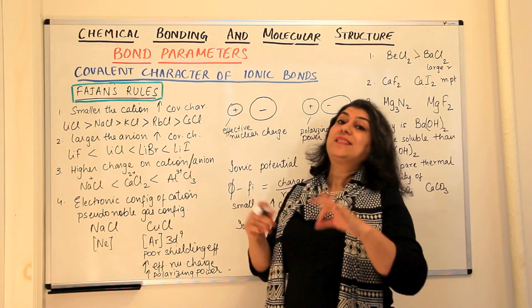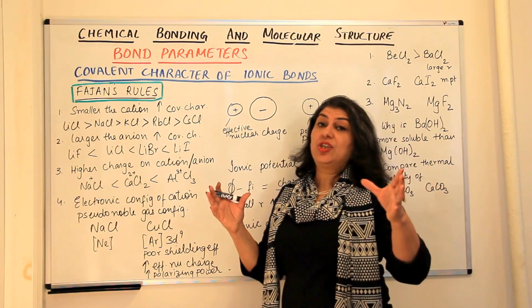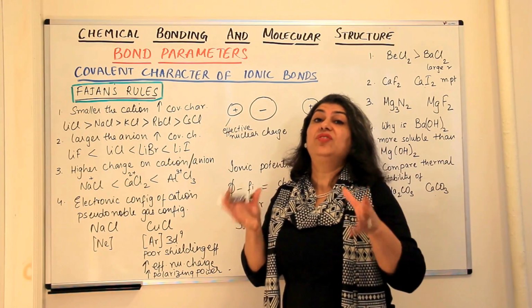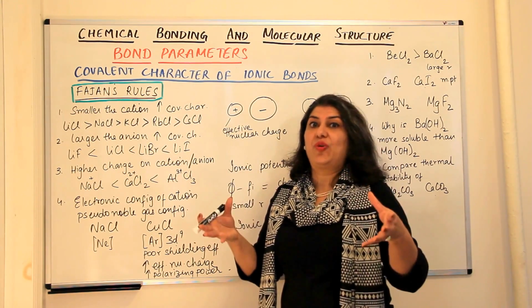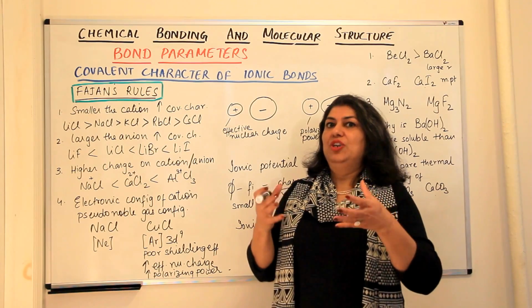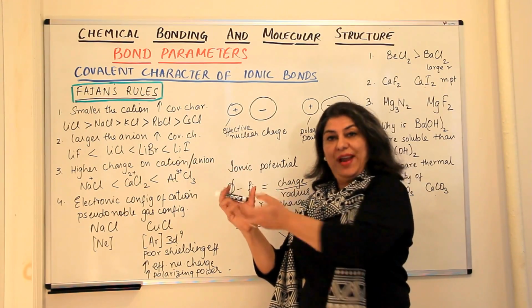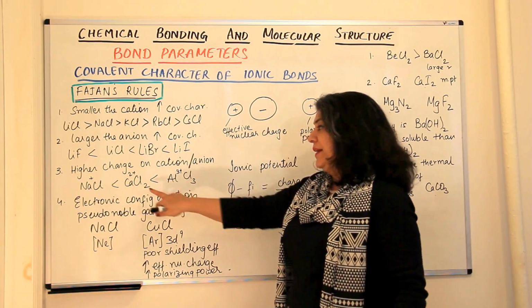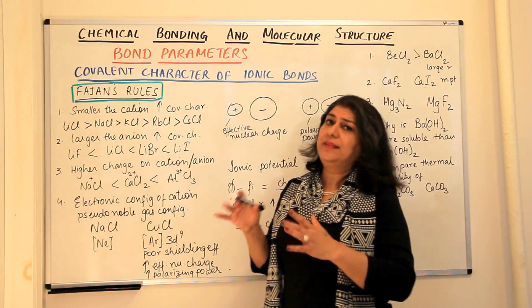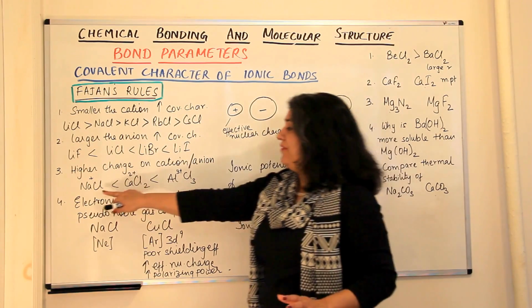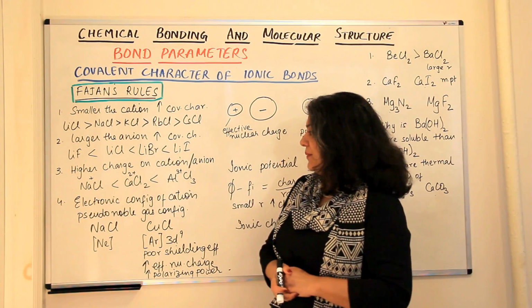Why? Because it has 3 extra protons in the nucleus than the electrons, and therefore its effective nuclear charge is much stronger. It has a stronger attraction for the electrons of the anion. And we keep the anion the same so that we can compare. The effect is only of the cation here.